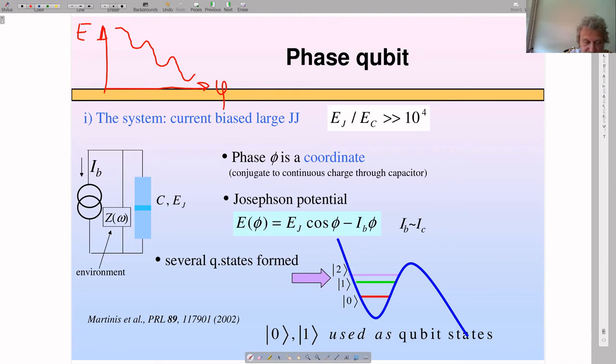If the current is very close to the critical one, we can concentrate on a single minimum separated by a barrier, and we come to this plot. All right. So now we understand what this plot is about.